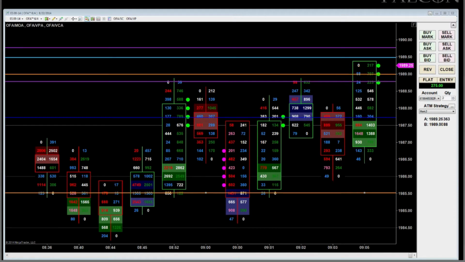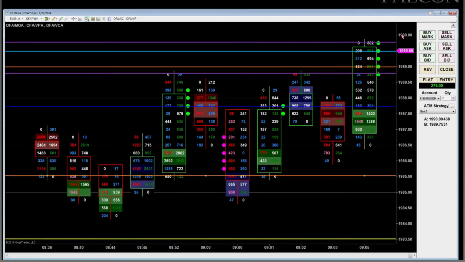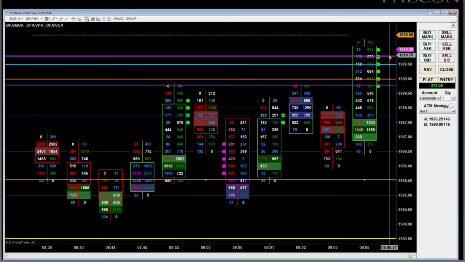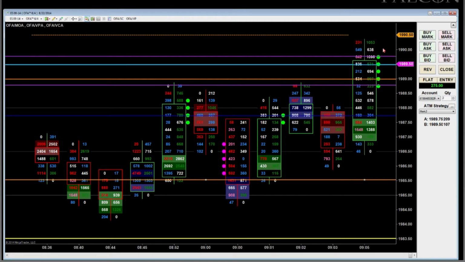All right, we have one tick. We'll see if we get up to yesterday's close. There it goes. Looks like this is going to continue higher. This is not finished to the upside.